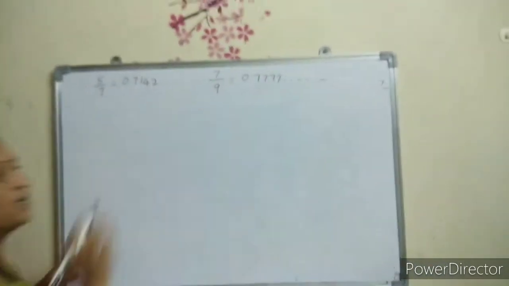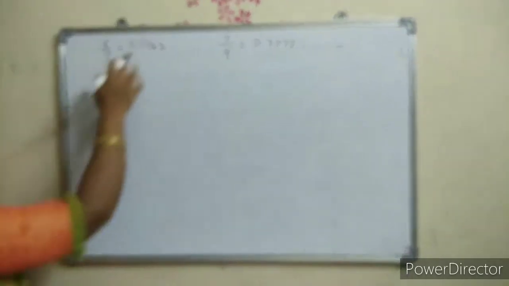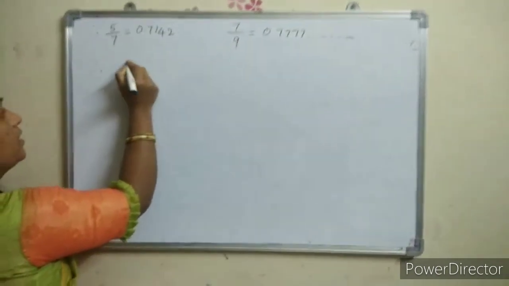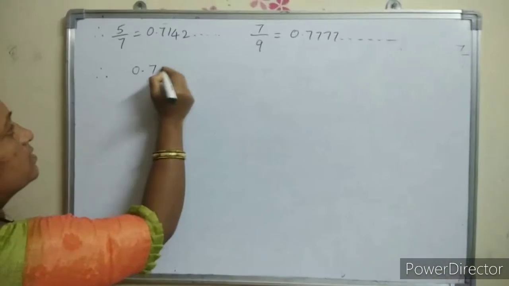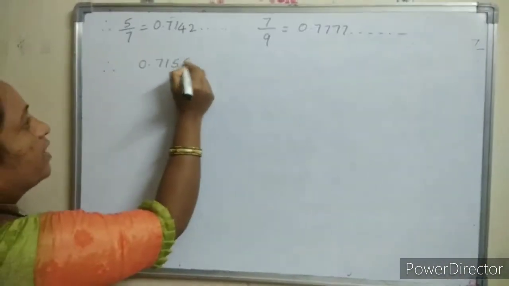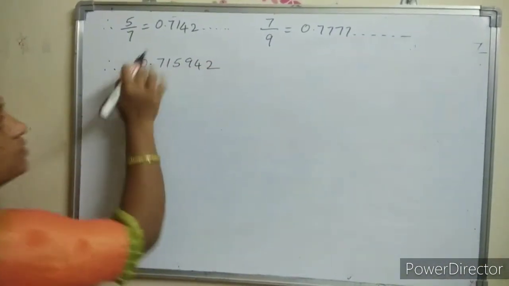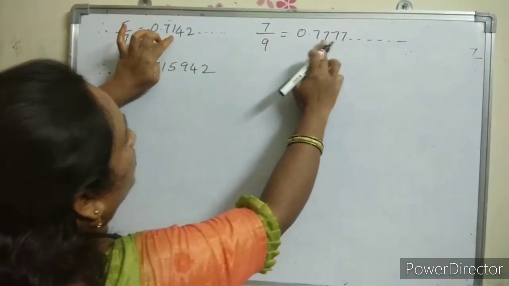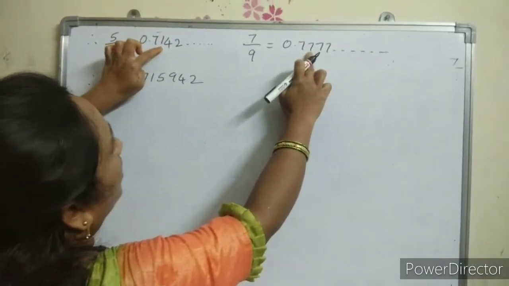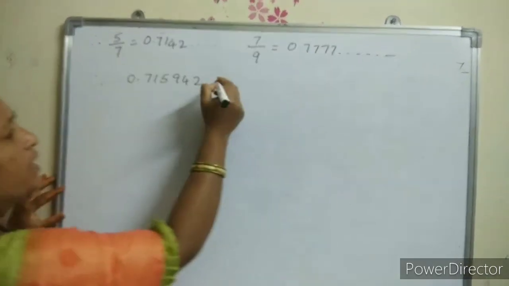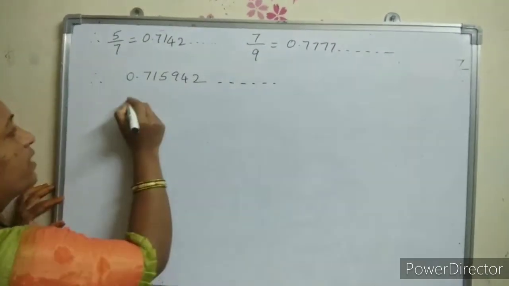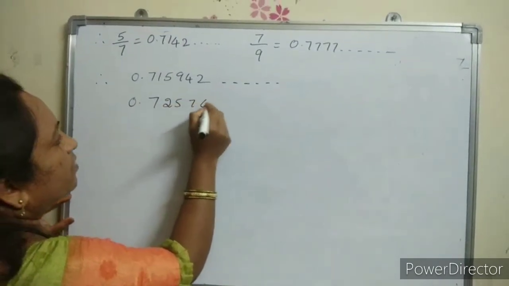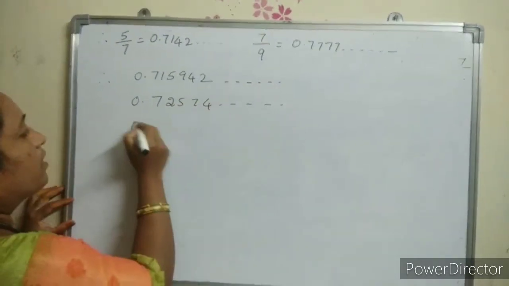Here 7 is repeating. In between these two numbers we have many numbers. Therefore let us take 0.715942. So here the first digit and first digit are the same. Now from here to here, between 1 and 7 you can take many numbers like that. This is one number, 0.72574. This is one number like this.